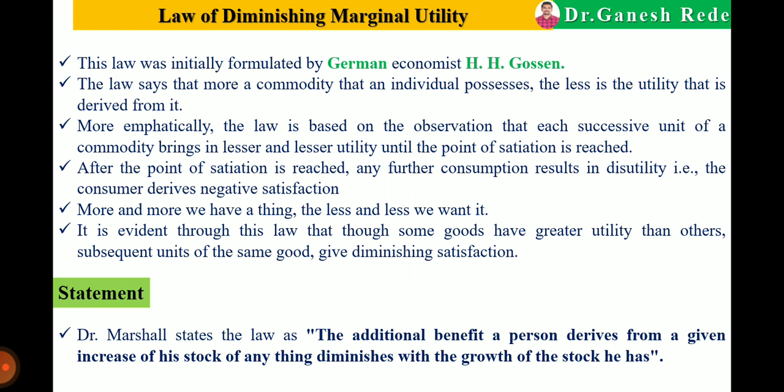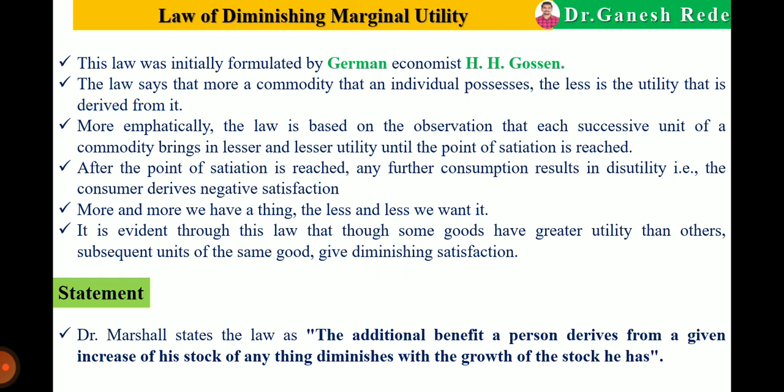Okay, so now we have to discuss the law of diminishing marginal utility. Before that, you must know what is meant by the cardinal approach. The approach in which utility is measured numerically, in numbers or in units, is the cardinal approach.